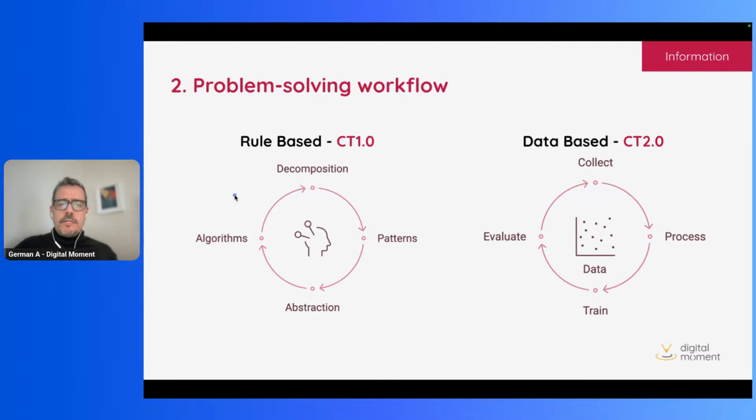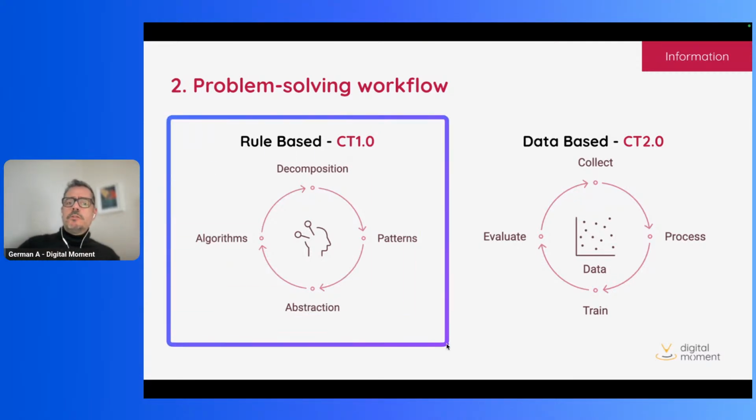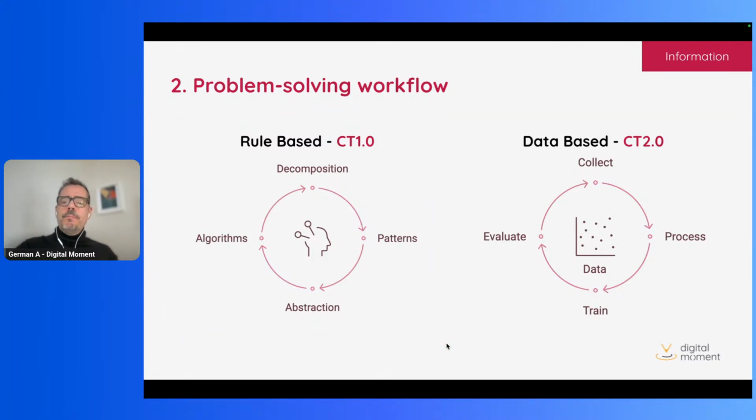We've been exploring and teaching our students for many years about computational thinking 1.0, meaning the rule-based system where we apply decomposition, pattern matching or recognition, abstraction, and then the creation of algorithms when we're creating and when we're coding.